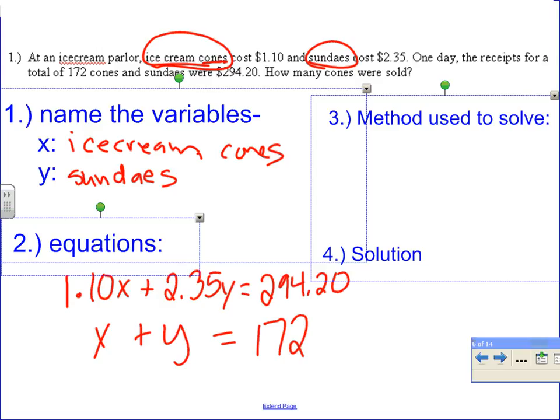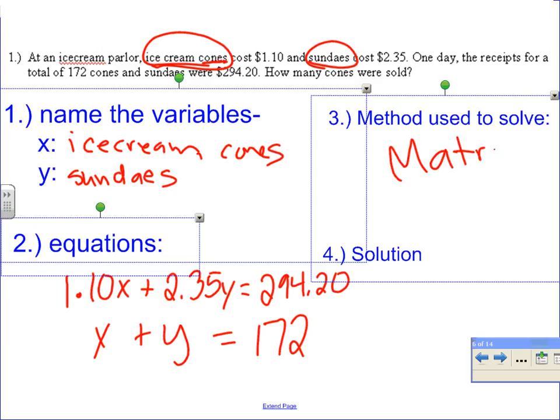We just know a total of 172 were purchased. However, we know a lot of information about the cost. So is everyone okay with how we set that up? Okay, what method would be the best method to use to solve this? There's decimals. Well, yep, let's use a matrix.